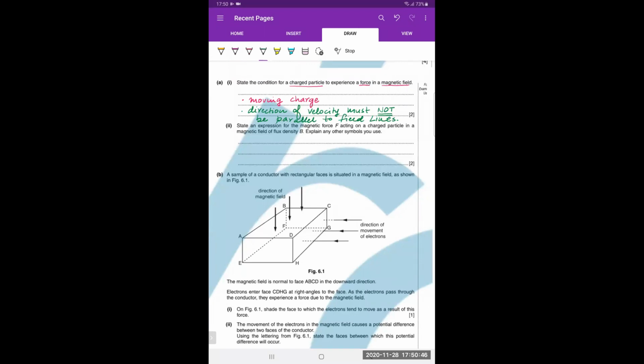Next part के अंदर wordings देख लो. They are asking us to state an expression for the magnetic force. Direct answer लिख लेता हूँ. Symbols की explanation खुद कर लेना. ठीक है, just write B for magnetic flux density, Q for charge, V for velocity.